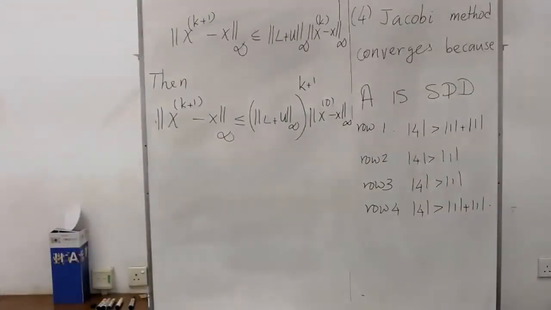The infinity norm of xk plus 1 minus x is less than or equal to the infinity norm of L plus U to the power k plus 1 times x naught minus x.